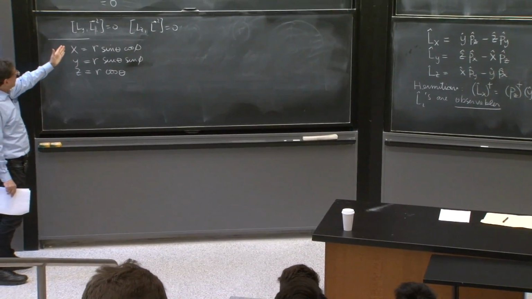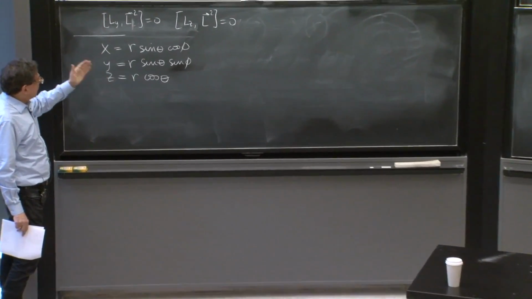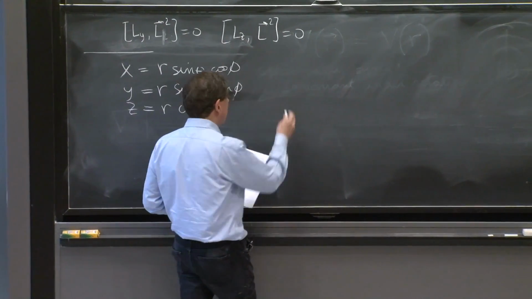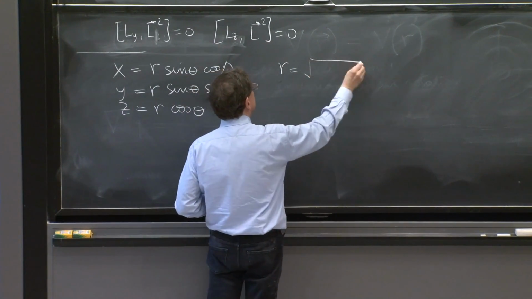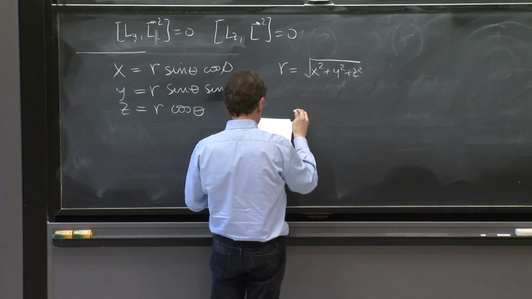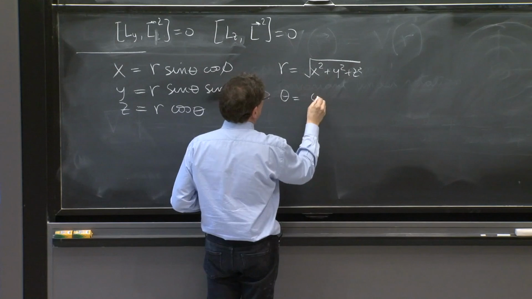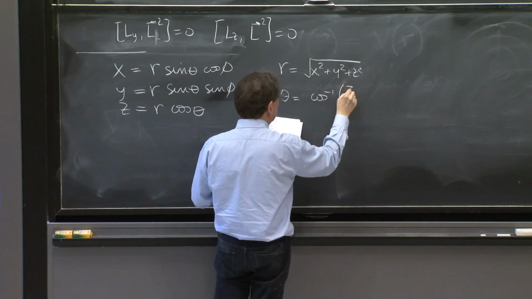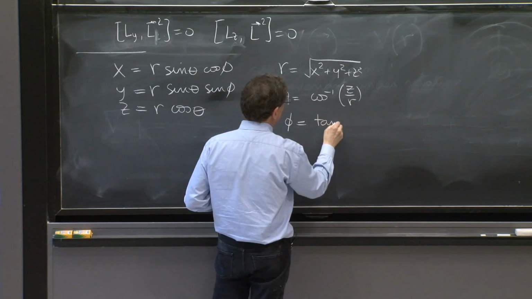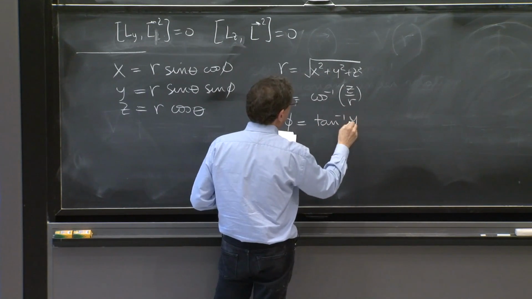We're trying to calculate the differential operators associated with angular momentum using spherical coordinates. So r is the square root of x squared plus y squared plus z squared. Theta is cosine inverse of z over r, and phi is tan inverse of y over x.